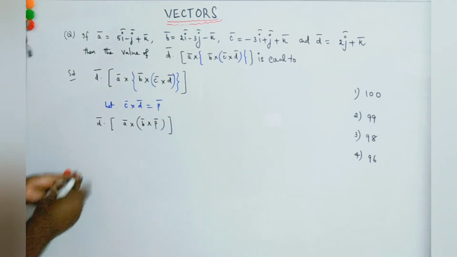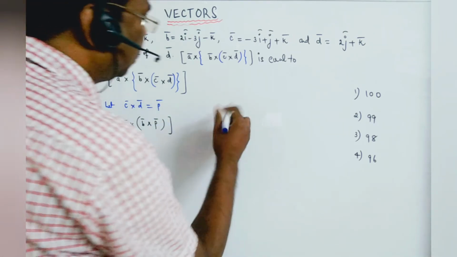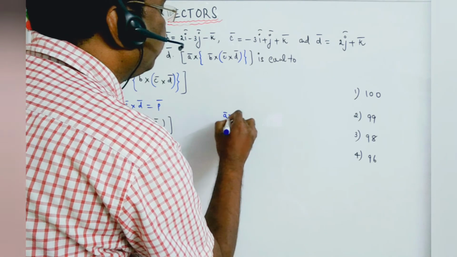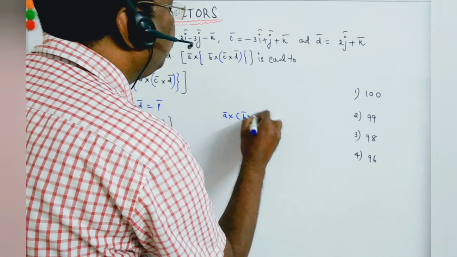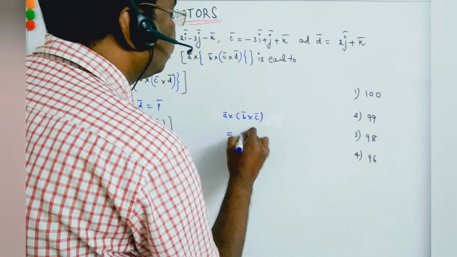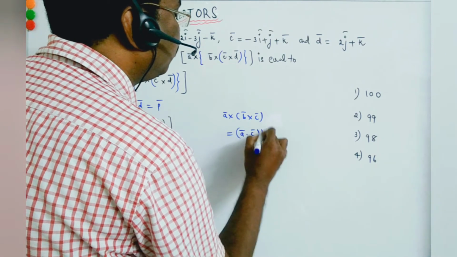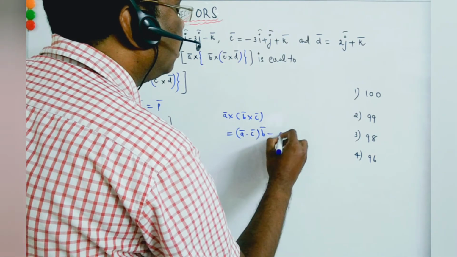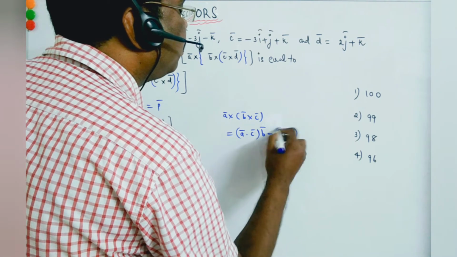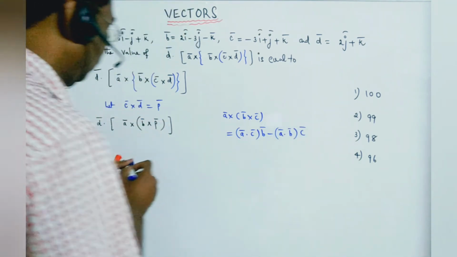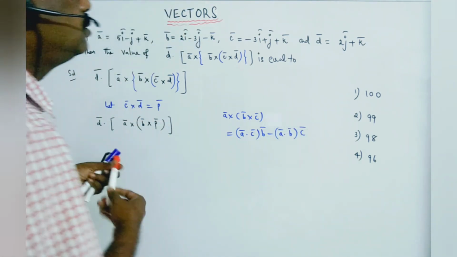Now we know the formula: a bar cross b bar cross c bar equal to a bar dot c bar into b bar minus a bar dot b bar into c bar.